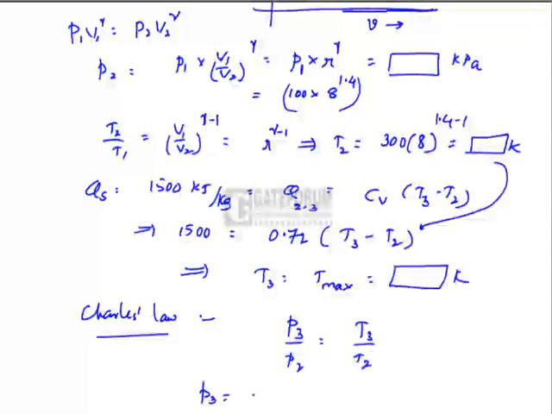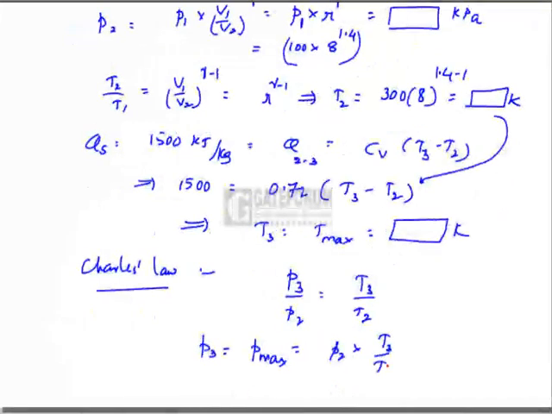Therefore, P3 is equal to P max, maximum pressure, is equal to P2 into T3 by T2. All temperature ratios must be in Kelvin scale only. We can calculate P3 also in kilopascal. Having known all the three, that is P2, T3 and T2, we can easily calculate the peak pressure of the cycle in kilopascal.